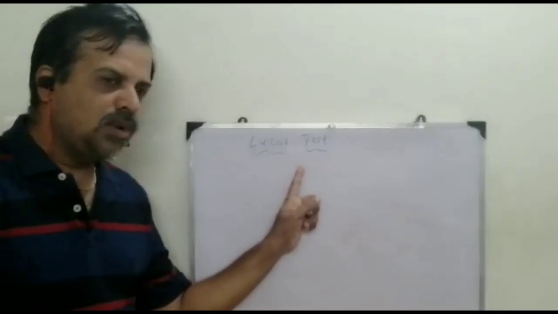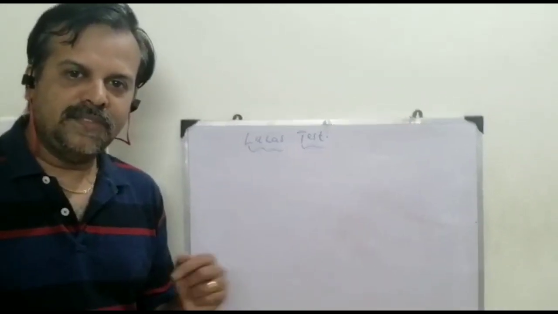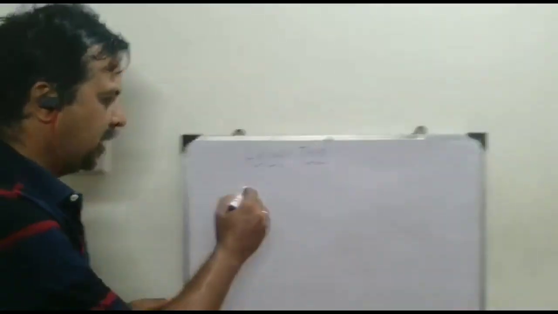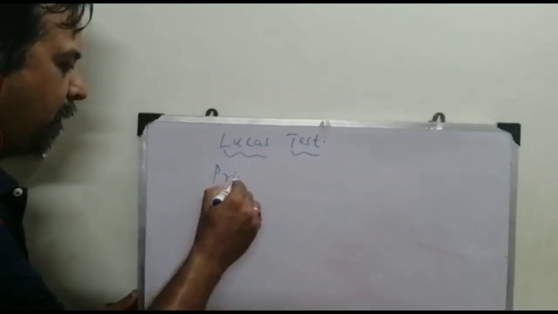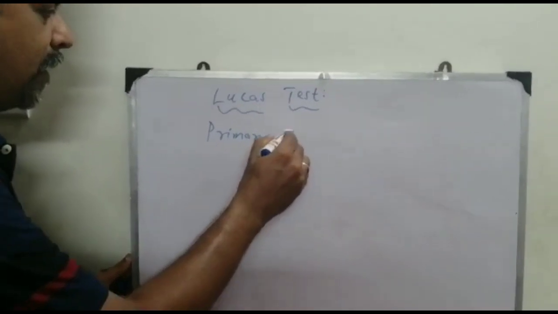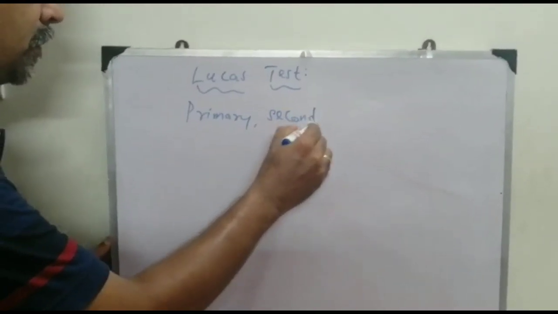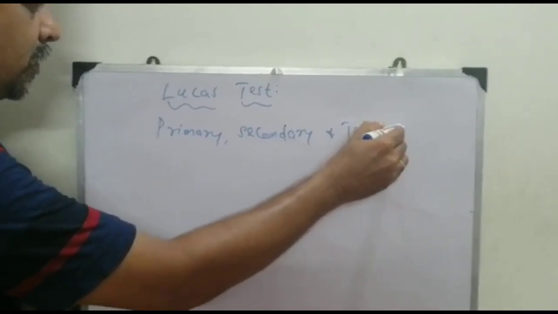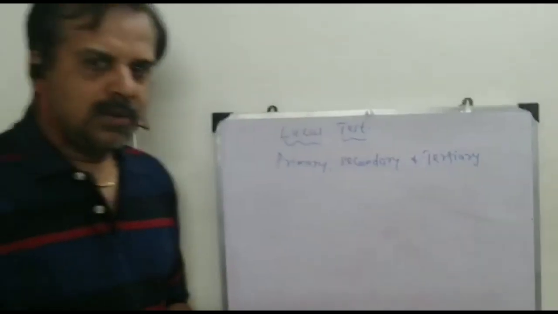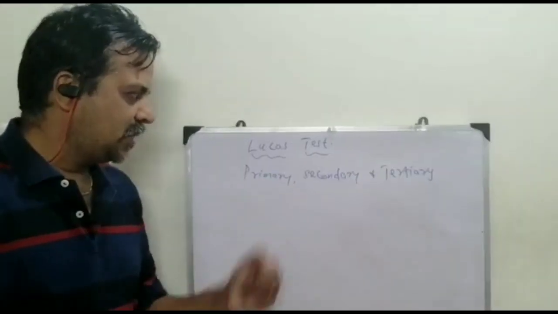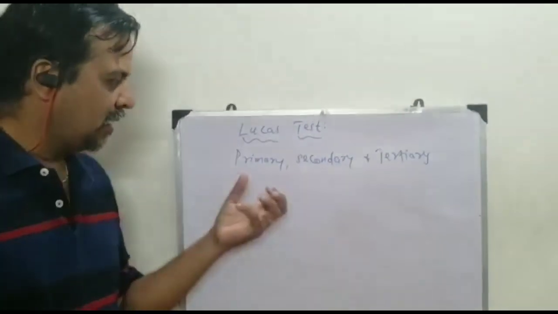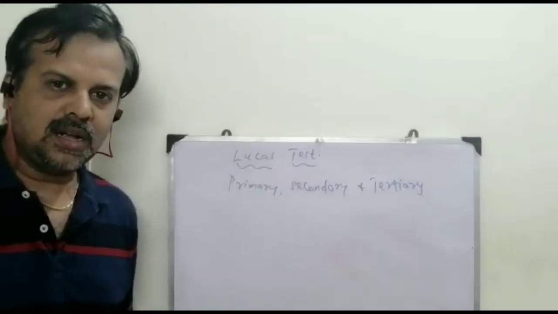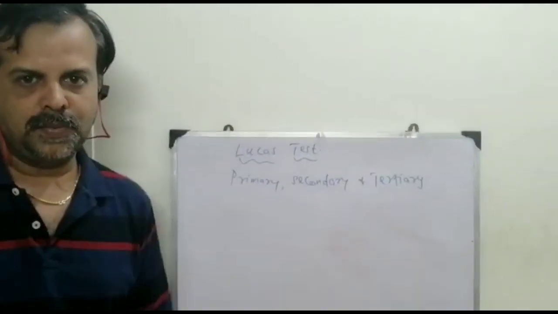Students, this Lucas test is used to differentiate the three types of alcohols, that is primary, secondary and tertiary. So by doing Lucas test, we can easily tell the given compound is primary alcohol, or secondary alcohol, or tertiary alcohol.